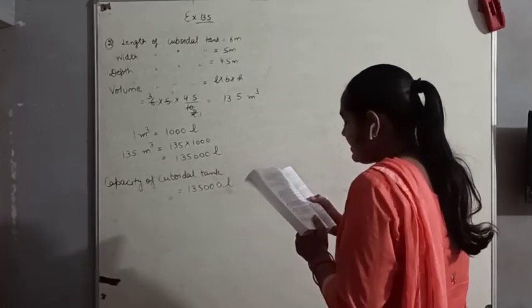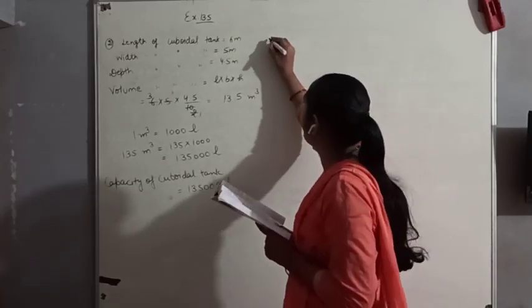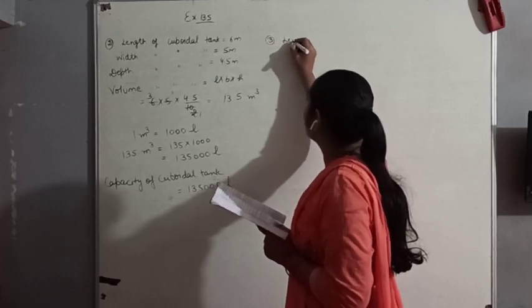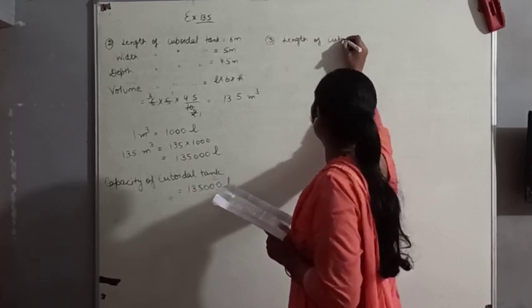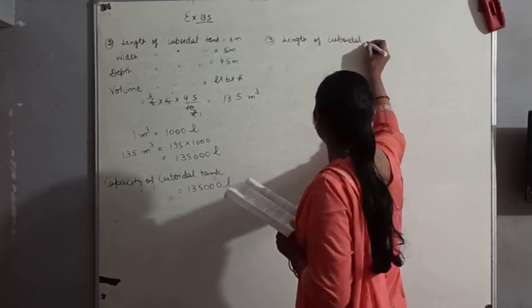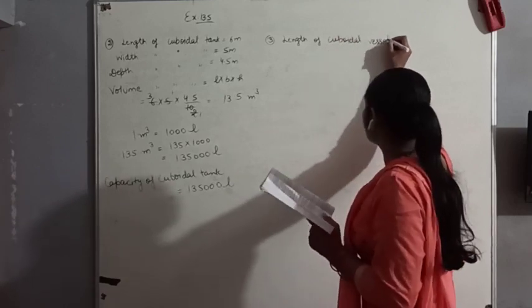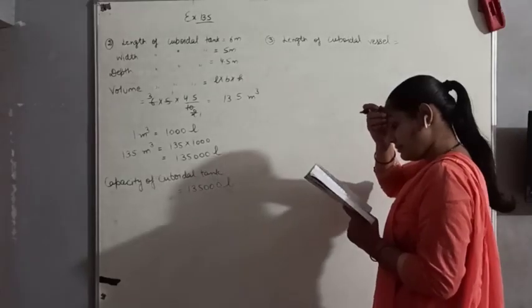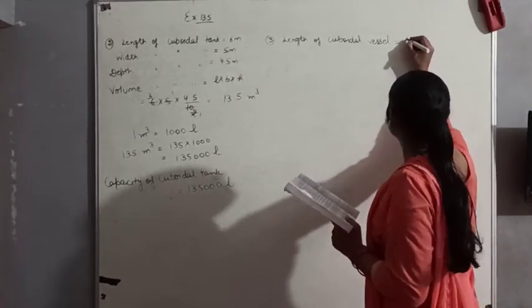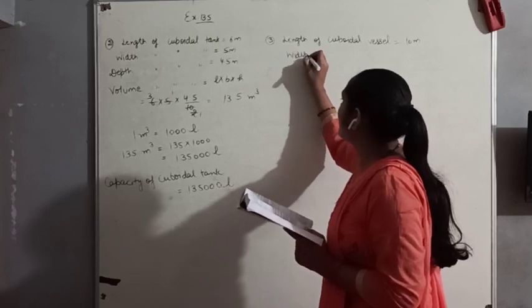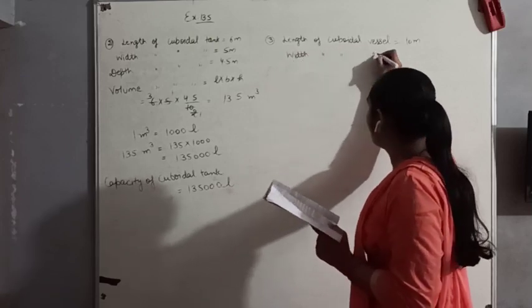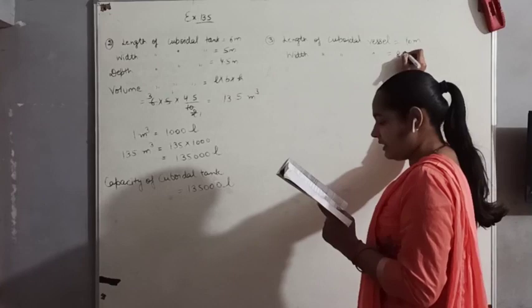a cuboidal vessel is 10 meter long, that is length of cuboidal vessel is equal to 10 meter, and its width is 8 meter.